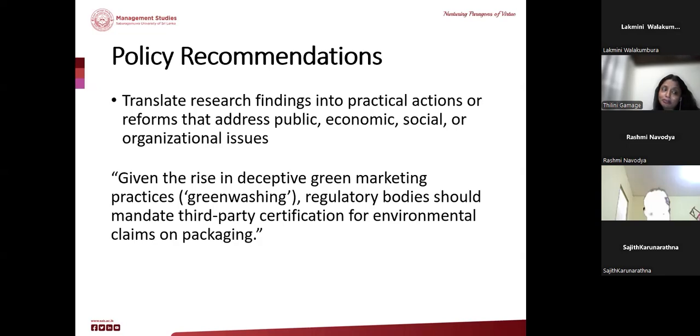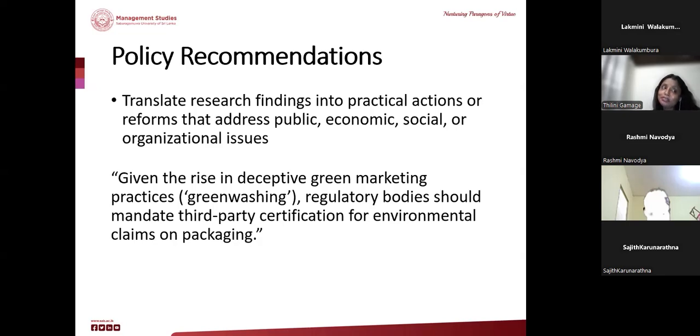So you can see, likewise, based on your research findings, most of you might be able to develop policy recommendations. As I have highlighted, this policy recommendation should be very specific. And you need to provide the rationale why you're proposing that.